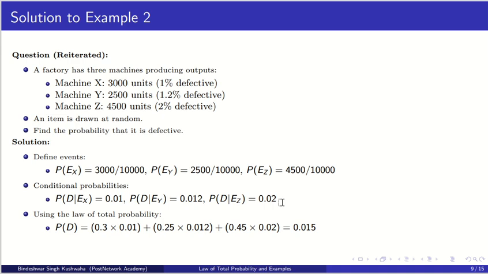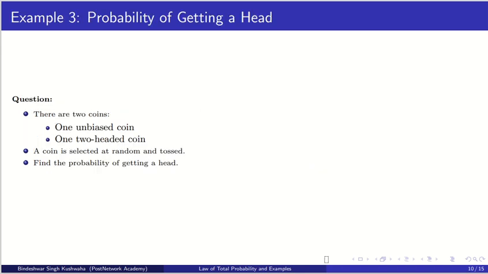Just plug the values here. This is P(E_X) times P(D given E_X), plus P(E_Y) times P(D given E_Y), plus P(E_Z) times P(D given E_Z), and that would be 0.015.